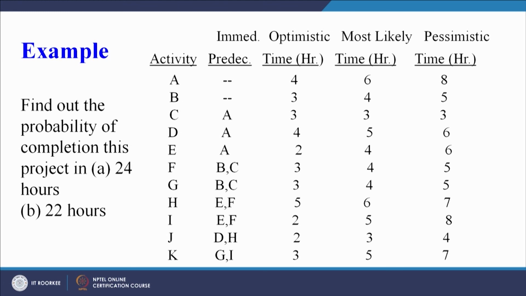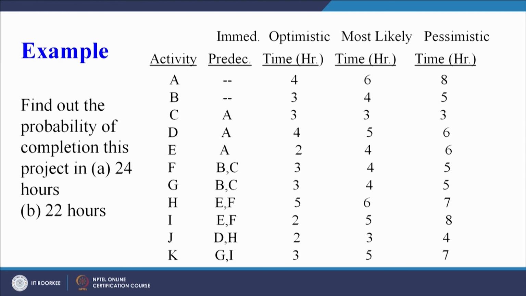So wherever A is ending, from that node we have to start activity C and activity D, as well as activity E also. So for C, D and E, we can practice drawing this network.